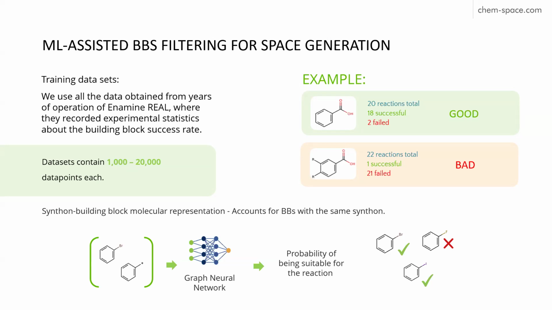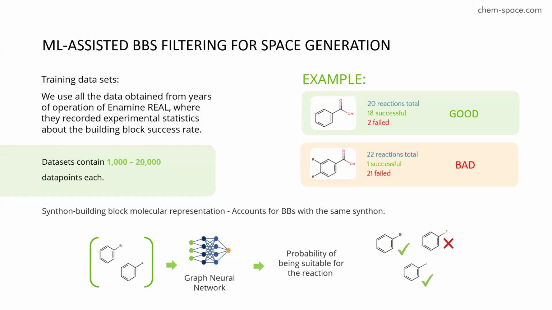So basically, they provided us the statistics for the reagents they used to build Enamine REAL. The size of the training datasets varied from 1,000 data points to 20,000 data points, which is more than enough to train good models which could then generalize information for the huge collection of building blocks.